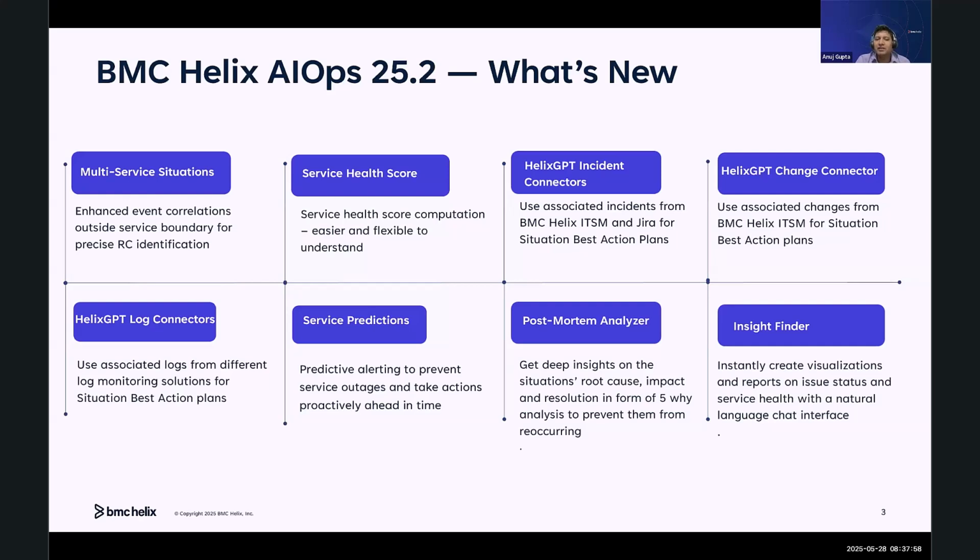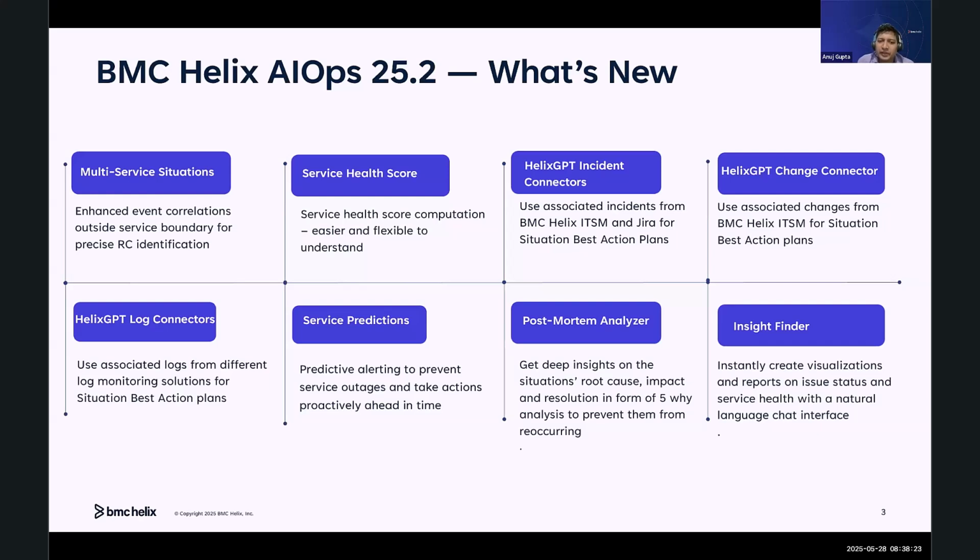Rather than creating a different situation for each of them, we are clubbing it together to form one single situation which spans across your multiple services, even though they may be outside of our service boundary. This is one key area which will help us improve root cause isolation with AIOps.